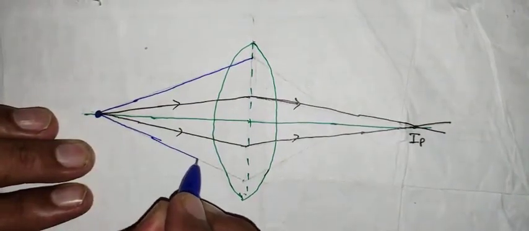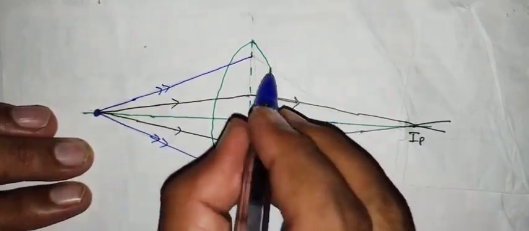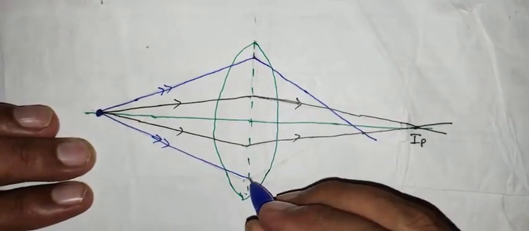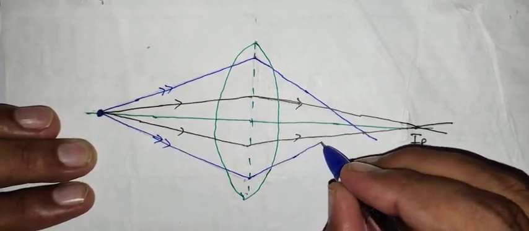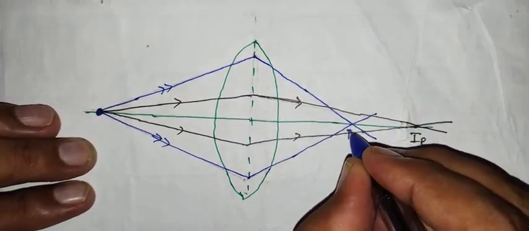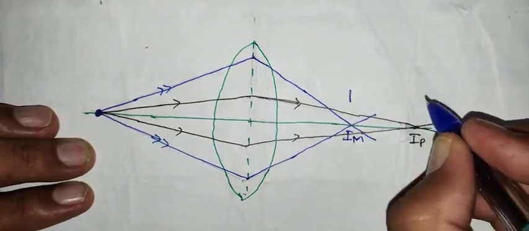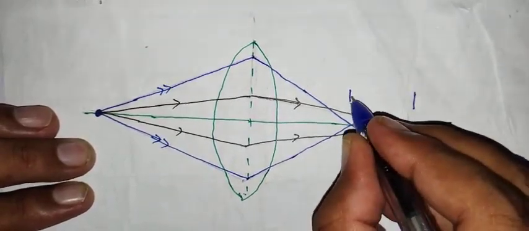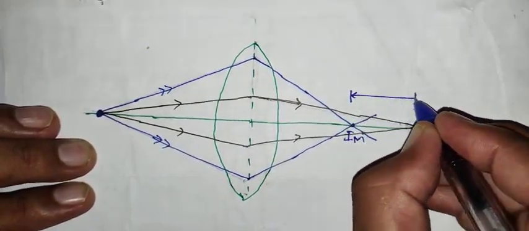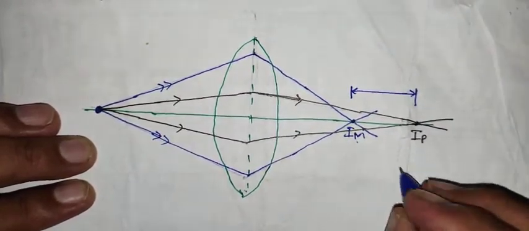Whereas the rays which are away from the principal axis, called marginal rays, let their image be obtained at this point. This is before the image formed by the paraxial rays. Let this point be IM, the image for marginal rays. This is the distance between them, so the image is enlarged between IM and IP.